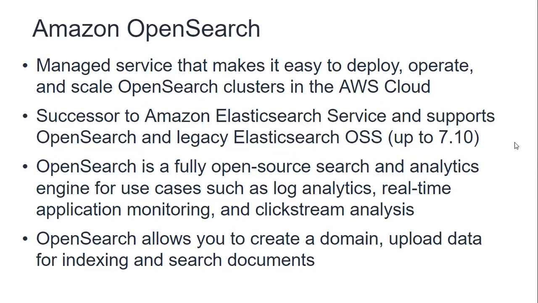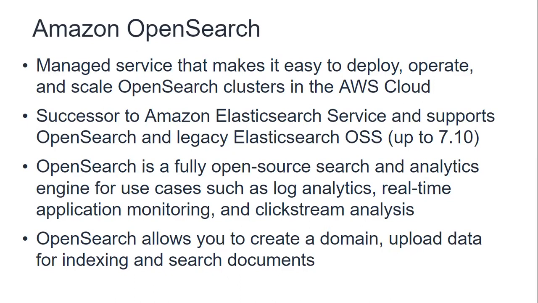OpenSearch. OpenSearch is just the successor to Elasticsearch. Elastic, the company that maintains the Elasticsearch service, it used to be open source software, but after version 7.1, they changed the license, meaning that other people like AWS cannot use it and sell it or create services around it and sell to their customers.